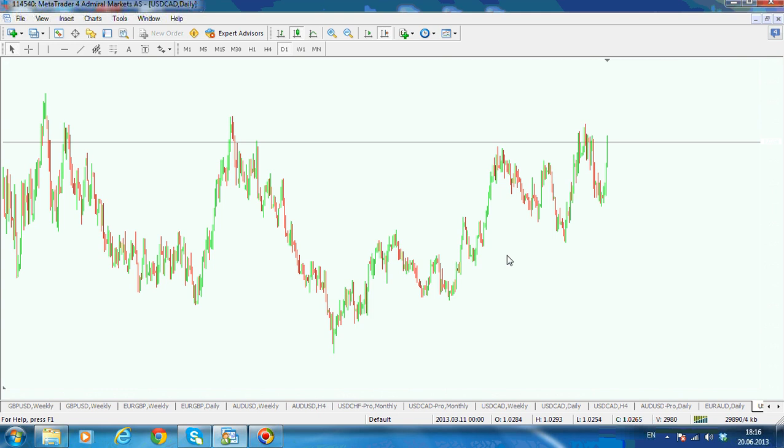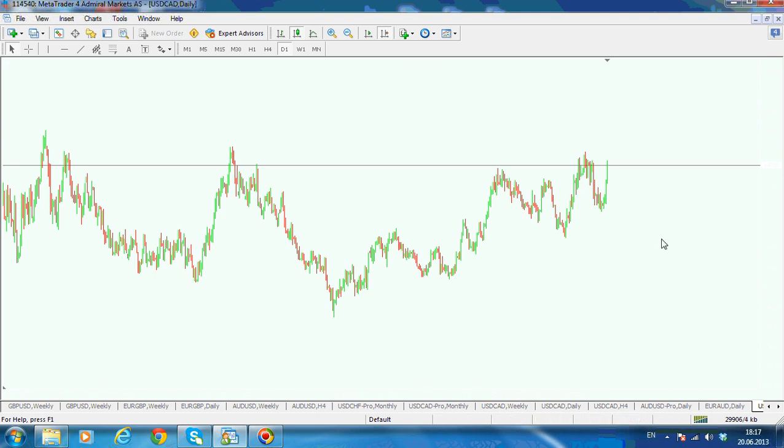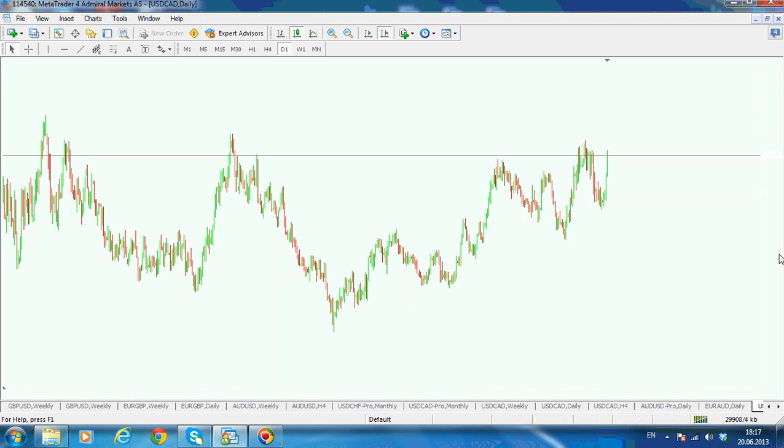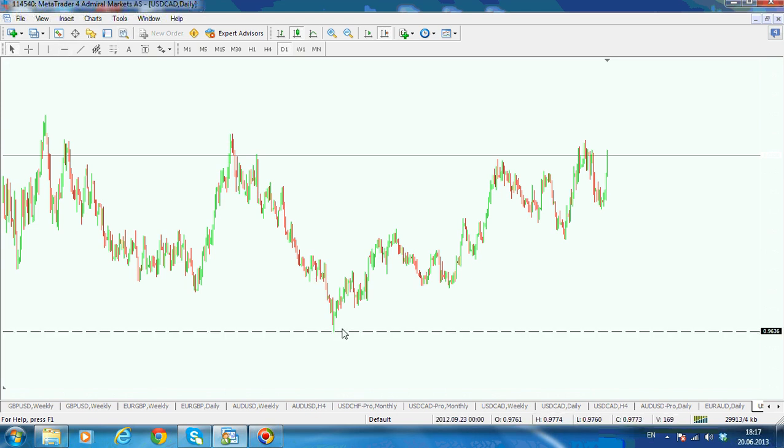In order to be considered a leading diagonal, let's try to see the rules and apply them on our example here. This is the US dollar Canadian dollar daily chart, and from my point of view, the structure that we are having in front of our eyes has the possibility of being a leading diagonal. I'm talking about the move that starts here with these lows and ends here.